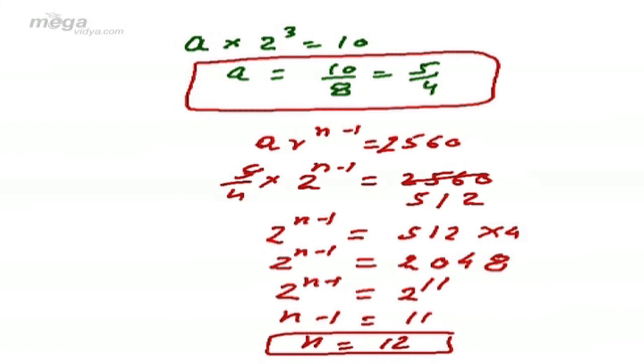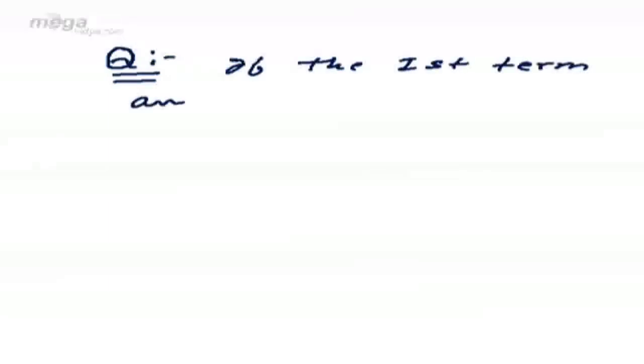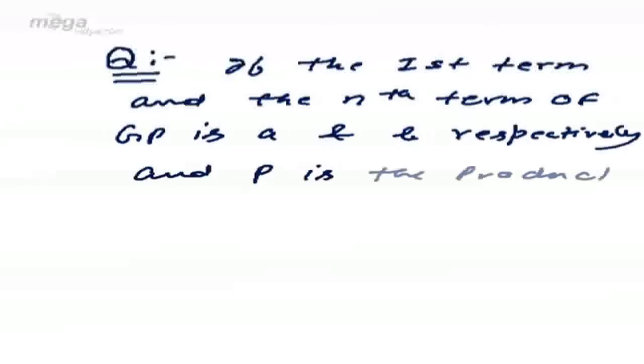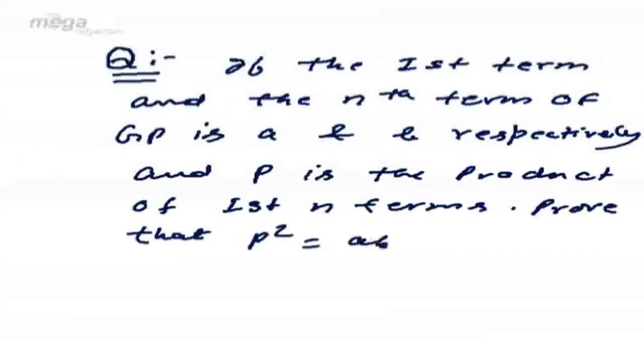Now we see the next question that is also related to nth term of the GP. If the first term and the nth term of a GP are A and B respectively, and P is the product of first n terms, prove that P square is equal to (AB) to the power n.